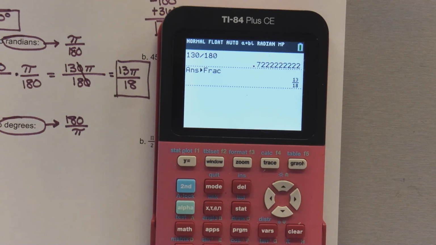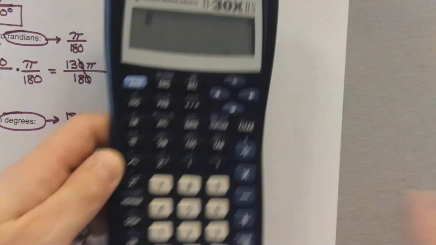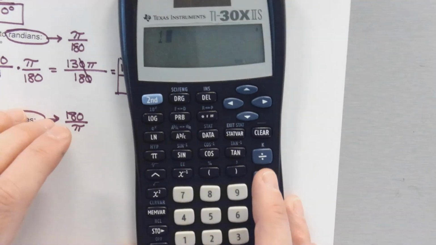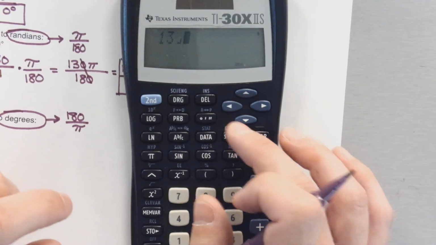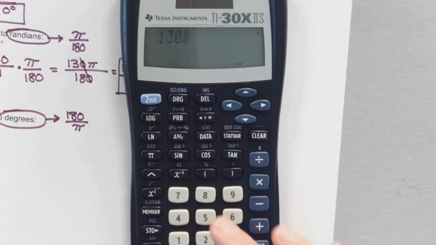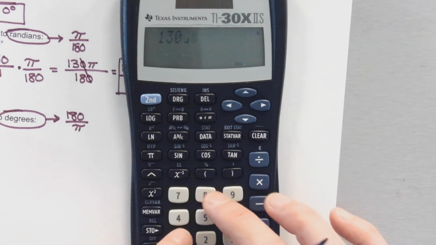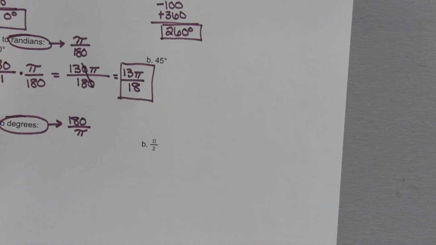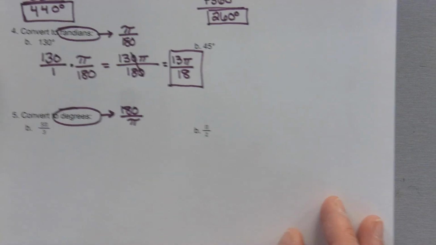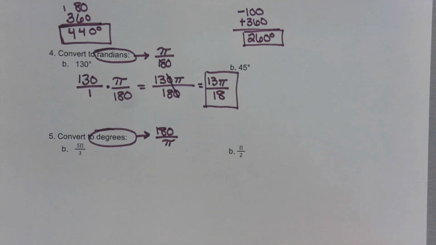So if you have this calculator, type 130, then press your ABC key, and then type your 180, and then hit enter, and it's going to give you 13 over 18. And if you have something different, make sure that you know how to use it, or we can try to look it up.